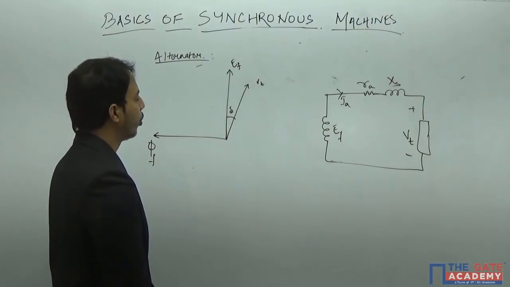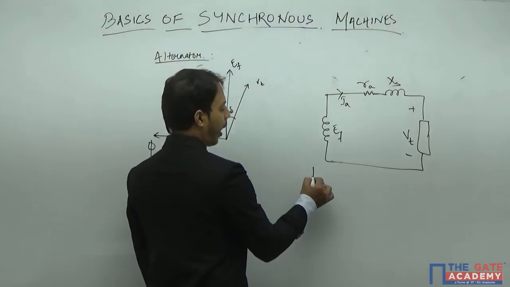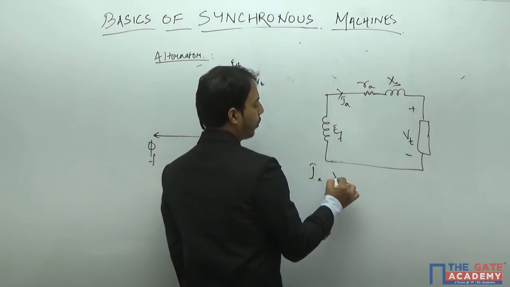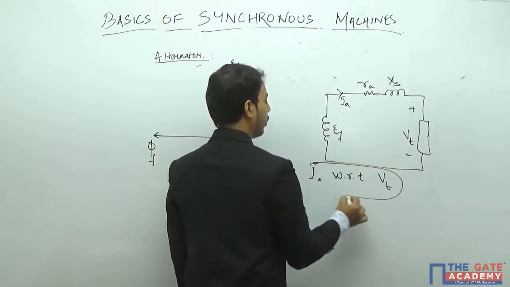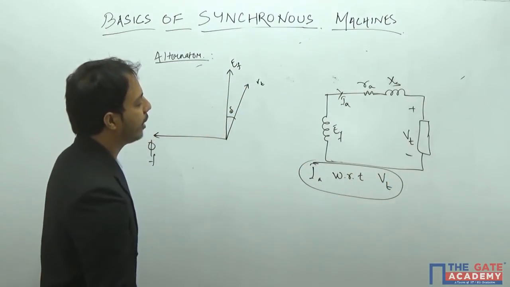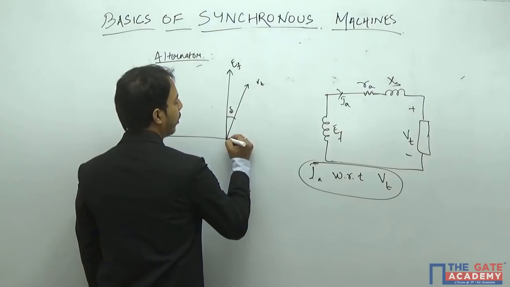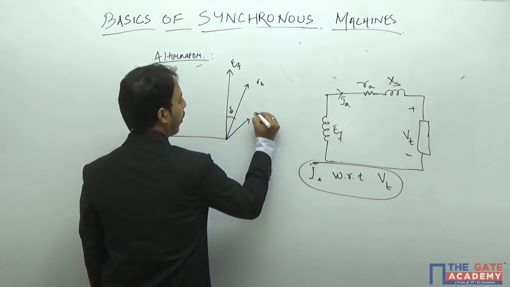Now suppose the current IA with respect to VT, let us see if the current is lagging with respect to VT. That means my current is somewhere here, IA.